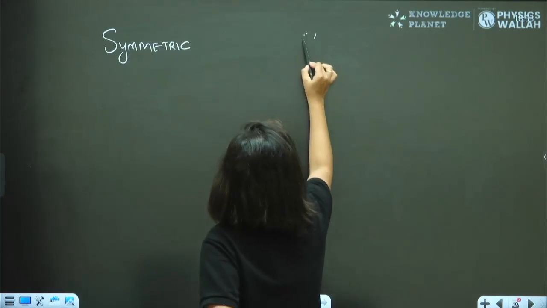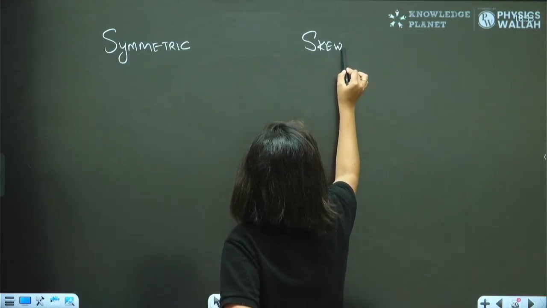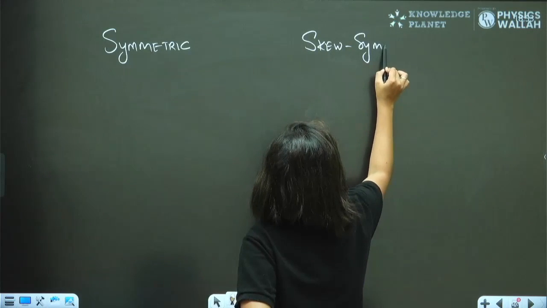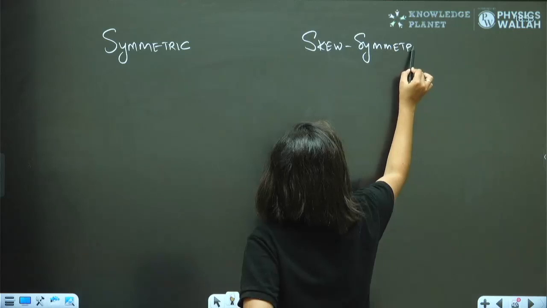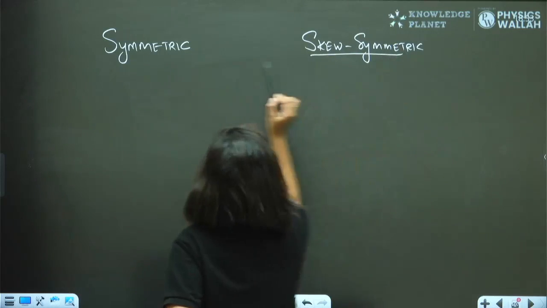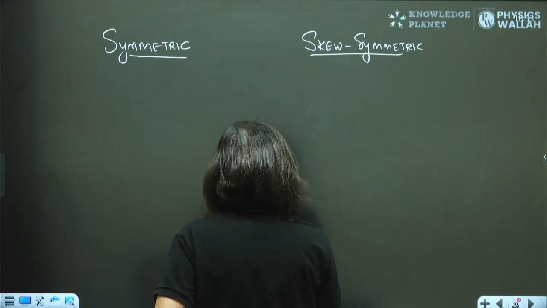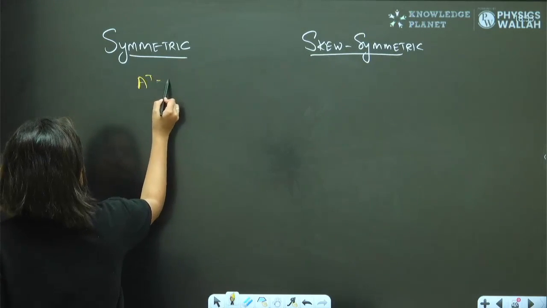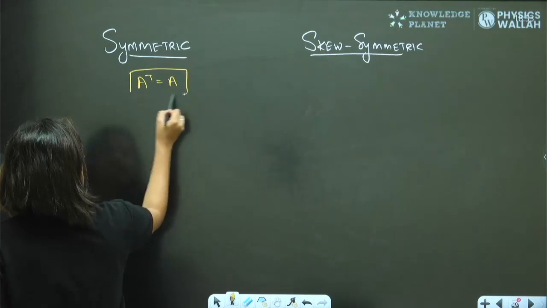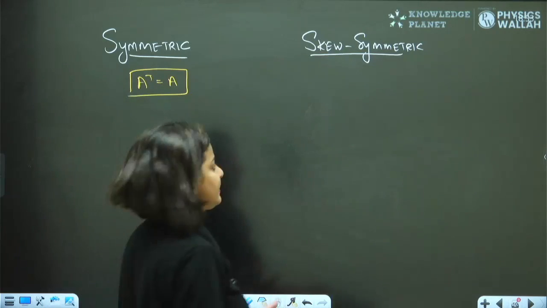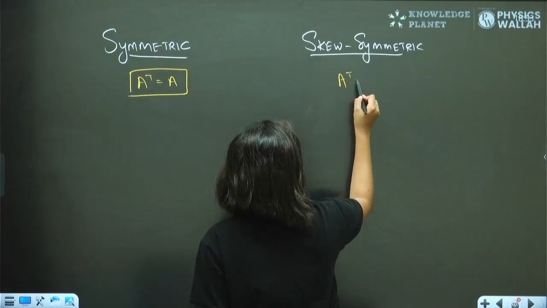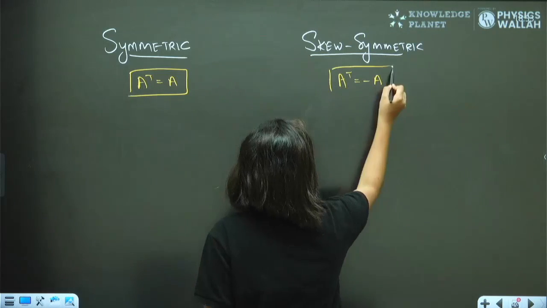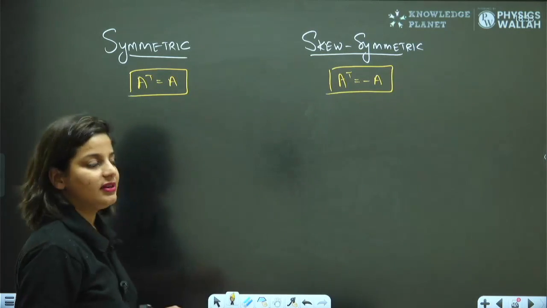Symmetric, skew symmetric. A symmetric matrix by definition says that when A transpose is the same as A, we call it a symmetric matrix, and skew symmetric by definition says when A transpose is minus of A, you get a skew symmetric matrix.